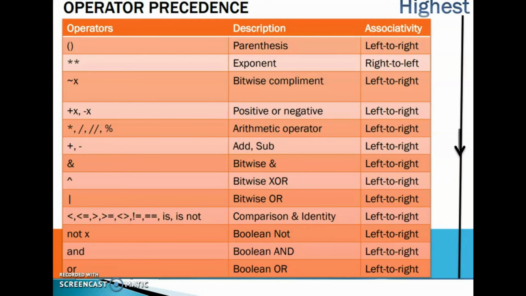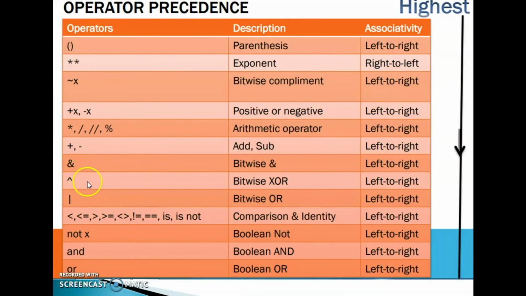The next one, operator precedence. We already discussed this. Highest to lowest. First preference is for parentheses. Second one, exponentiation. Third one, bitwise complement. Fourth, positive or negative. Then multiplication, division, floor division and modulus, the arithmetic operators. After that, plus or minus.